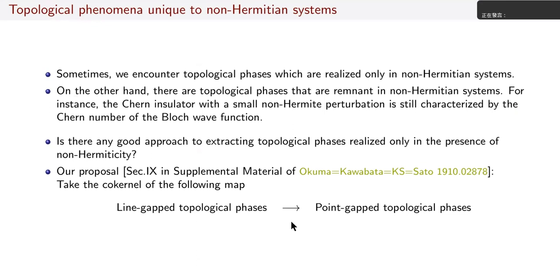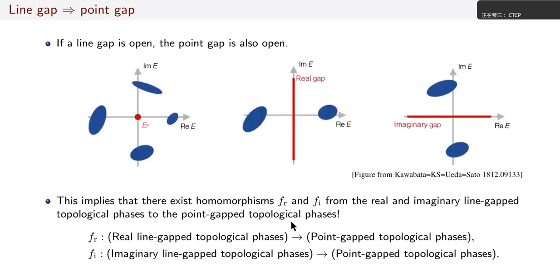Our proposal is that we take the cokernel of the homomorphism from line gap topological phases to point gap topological phases. This homomorphism exists because line gap implies point gap. It is obviously true: if the spectrum has a line gap, it also has a point gap. The opposite direction is not true, but this direction is.